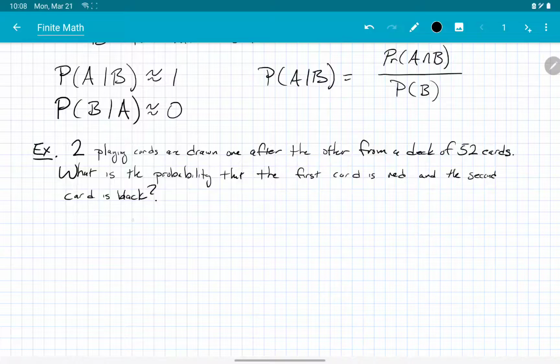So let me write 2 events here. Event F is going to be the first card is red. And event E is going to be the second card is black.